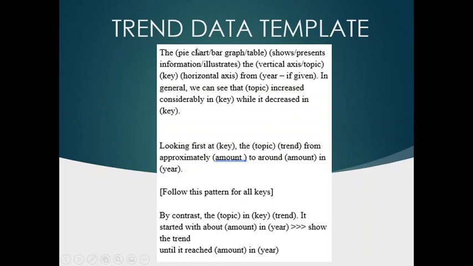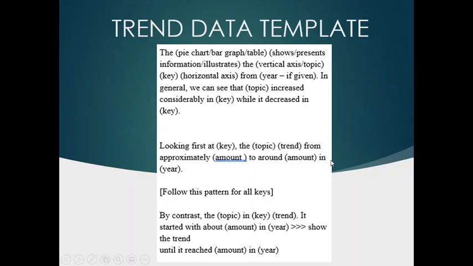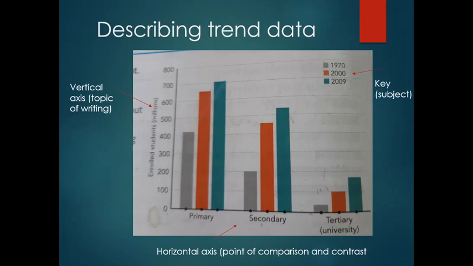Okay. In general, we can see that. So what's the topic? Increased considerably in, so you can say, for example, the number of students increased considerably in which one? Primary, secondary, or tertiary? Okay, if you have different trends. But if you have all trends the same, so all of them are the same, what do you have to do?